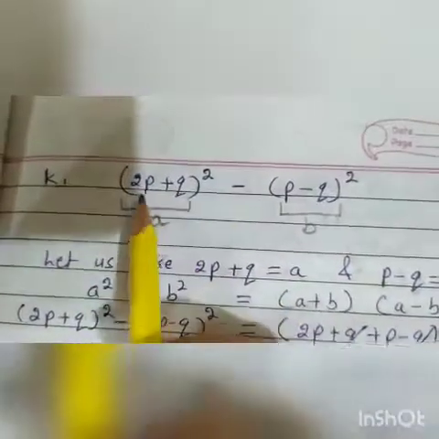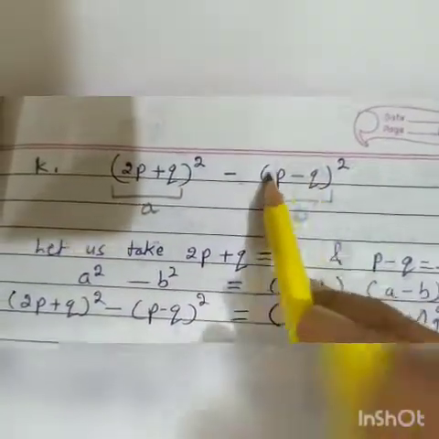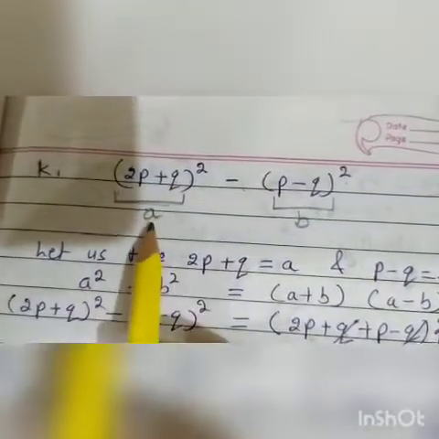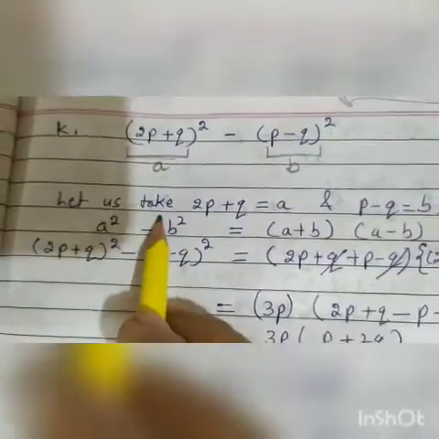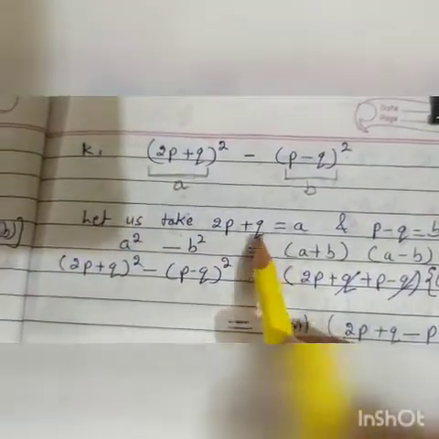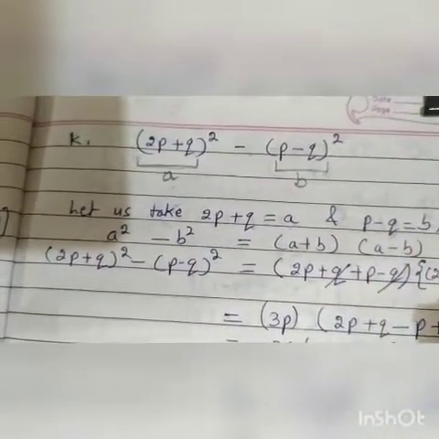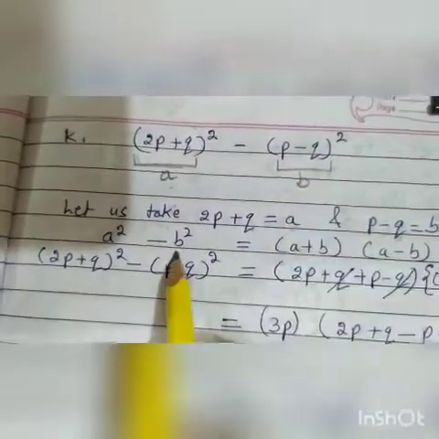See, part k is 2p plus q whole square minus p minus q whole square. Again, if we consider it, let 2p plus q is equal to a and p minus q is equal to b. Then it will become a square minus b square.